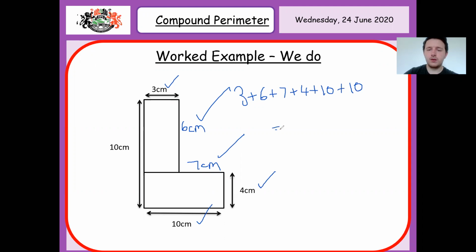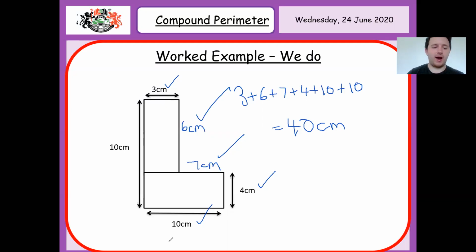So 3 plus 6 is 9, plus 7 is 16, plus 4 is 20, plus 10 is 30, plus 10 is 40. So it's 40 centimetres. Don't forget centimetres because perimeter is a length. Don't use your square units, that's for area.